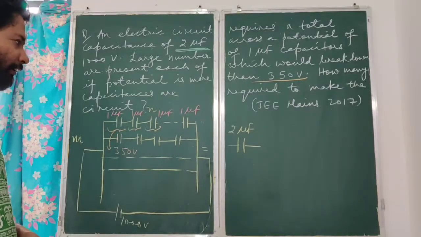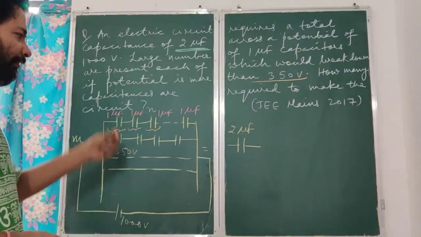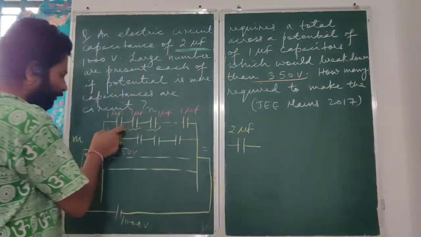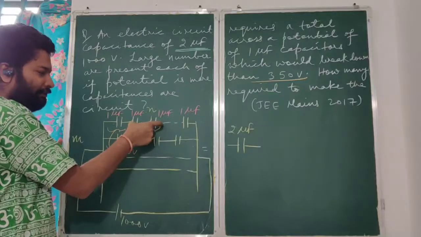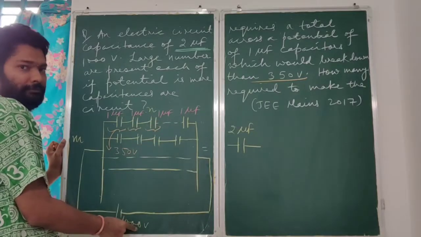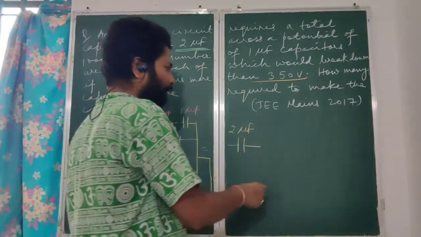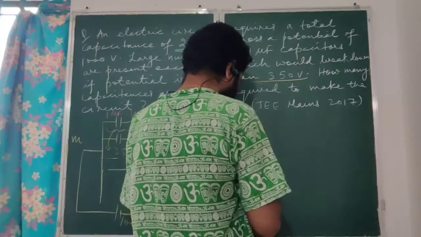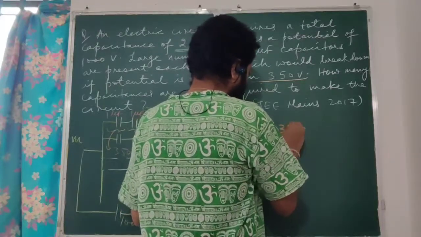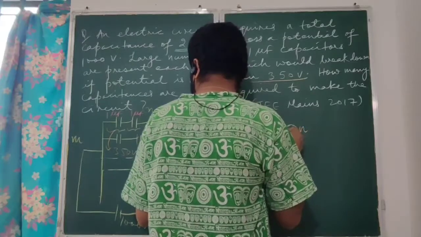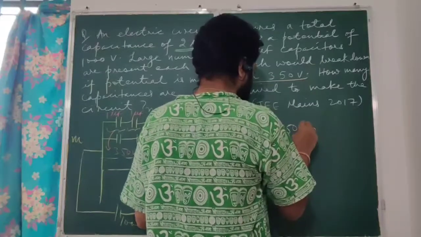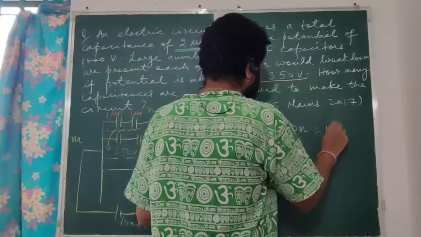Correct? So can we write 350 across each? If n number of capacitors are there in each row, we want 350 n to be equal to 1000.